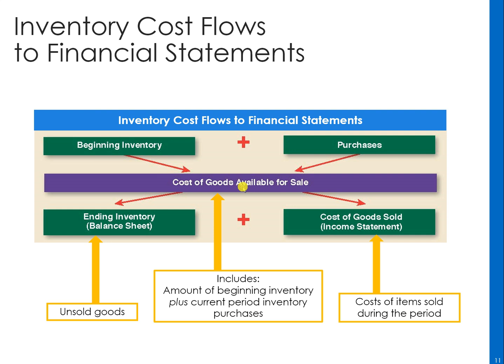These inventories, these costs, either they're sold, so the cost will flow to cost of goods sold, or they can only stay with us in our end inventories. So mathematically, this shows a relationship between these accounts.